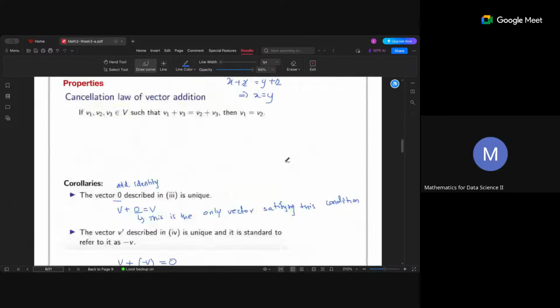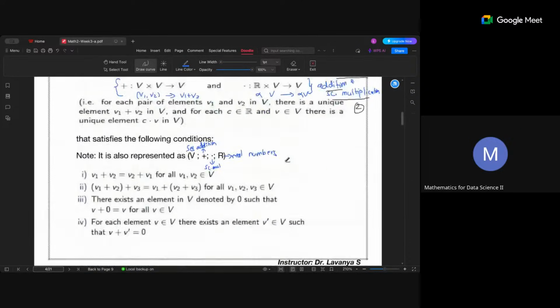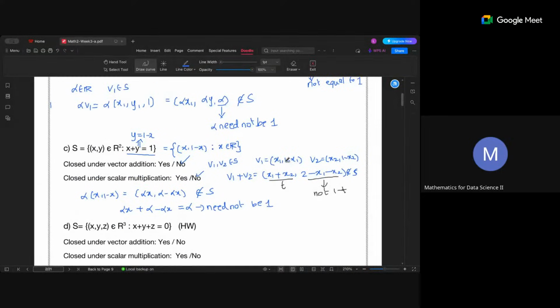Right? Can we just go back and check this? So earlier we saw this set. Is this a line passing through the origin? No. So we see that this is not a line passing through the origin, and hence it is not closed under addition and scalar multiplication.